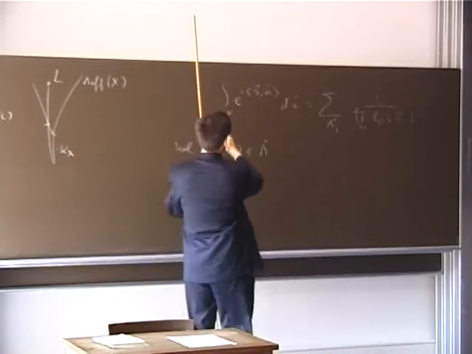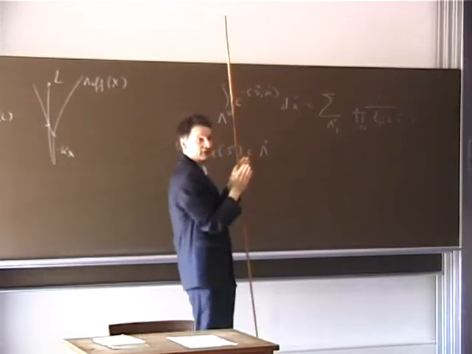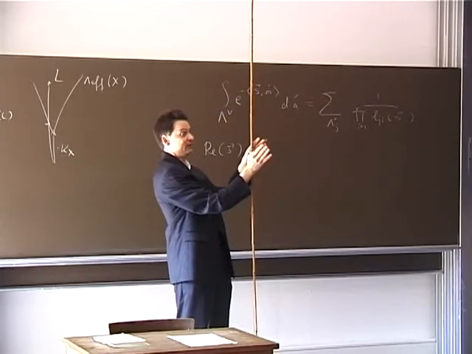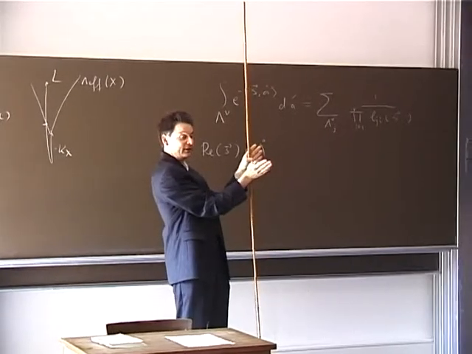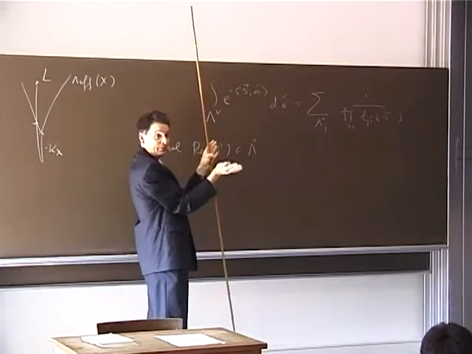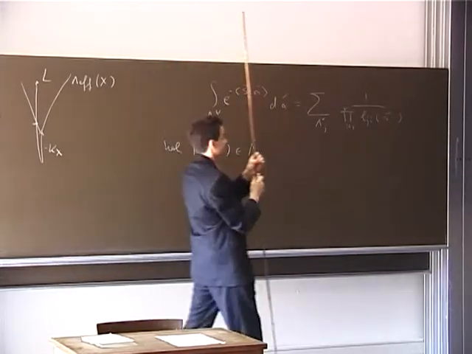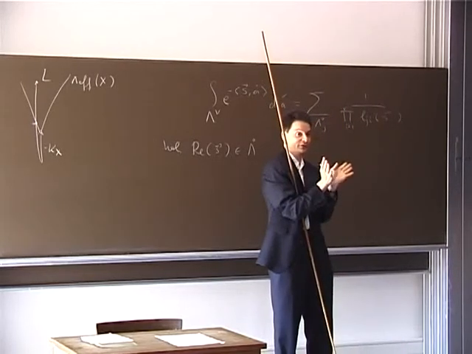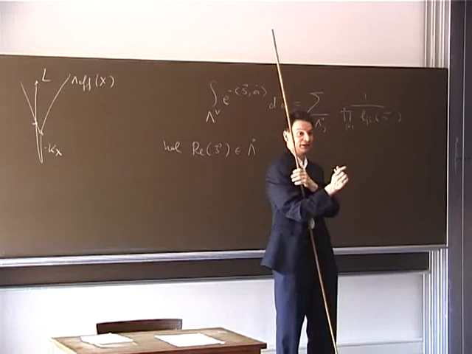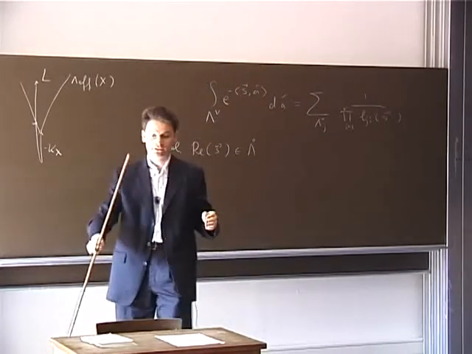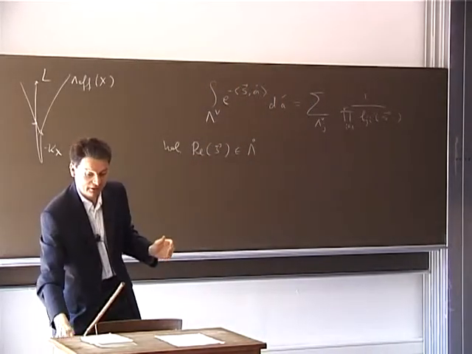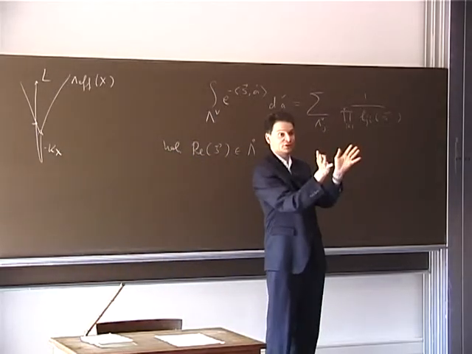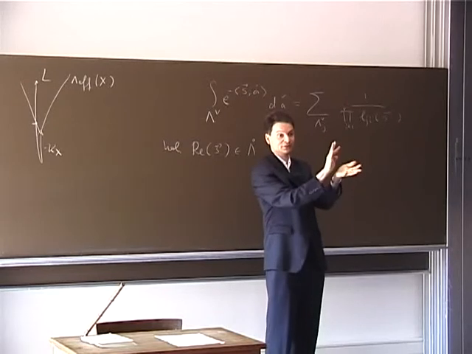But when we triangulate the dual cone, let's look at a subcone, a simplicial subcone of the dual cone, then the dual to that will be bigger than the original cone lambda. So in fact, each of these terms is going to be holomorphic in a bigger cone. And then what you're seeing geometrically and analytically is that the common domain of holomorphy is the intersection of these bigger simplicial cones. So this is what happens.